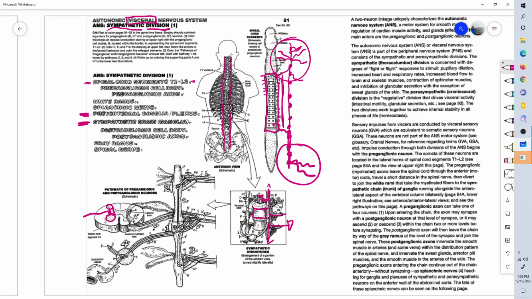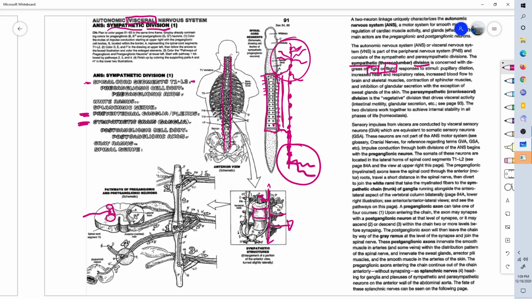Of course, what do they do when they get to your organs and glands? Well, the sympathetic nervous system is concerned with fight or flight. If you're walking down the street and a tiger or an attacker comes out of the dark, your body needs to prepare to defend itself, to fight, or to run, to flee.